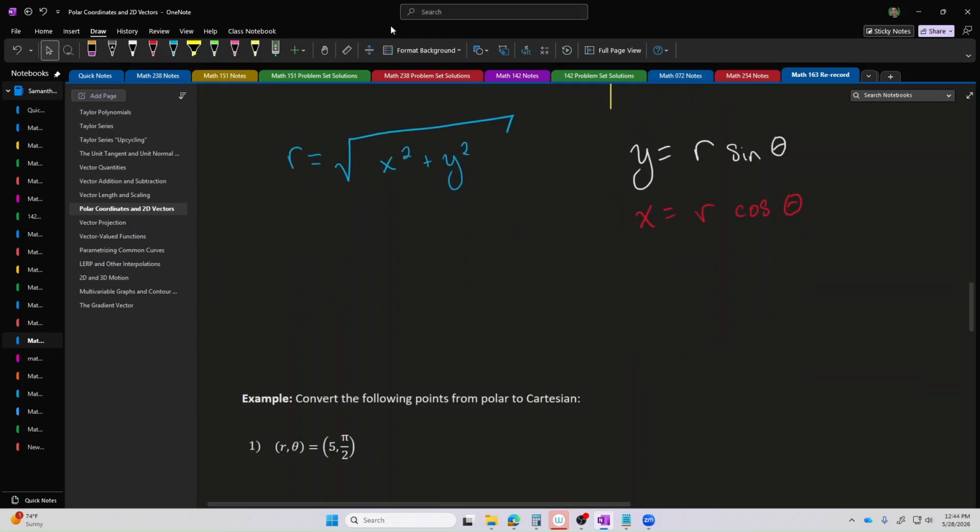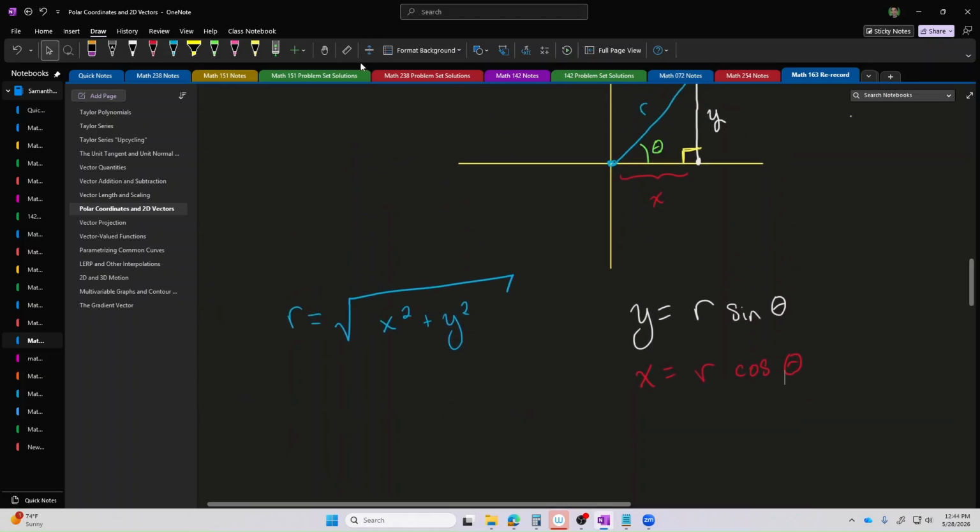And if I use the TOA in the SOHCAHTOA, I could conclude, for example, that tangent of the angle theta is equivalent to y over x, opposite over adjacent.